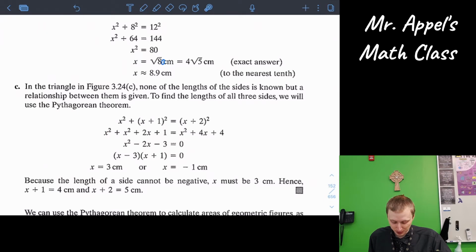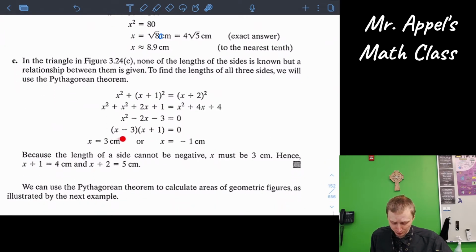We'll have x squared plus 2x plus 1 equals x squared plus 4x plus 4. Combine like terms and move everything to one side to get a single quadratic equation, x squared minus 2x minus 3, which can be factored into (x minus 3) times (x plus 1).